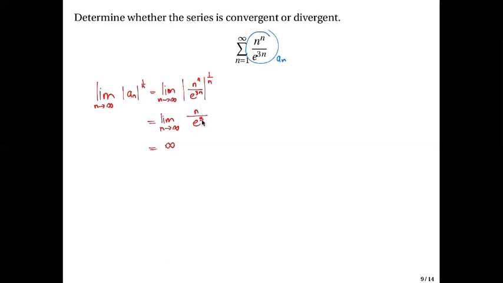The denominator is constant, and the numerator goes to plus infinity. So the series n to the n over e to the 3n, from 1 up to plus infinity, is divergent by the root test.